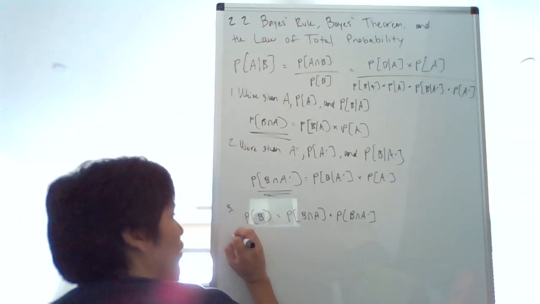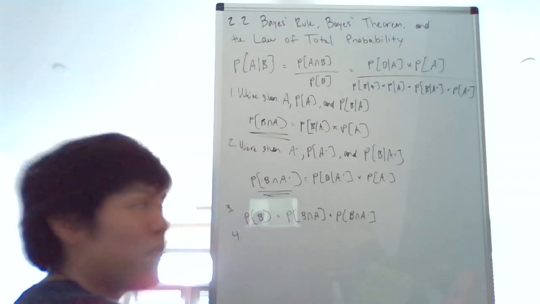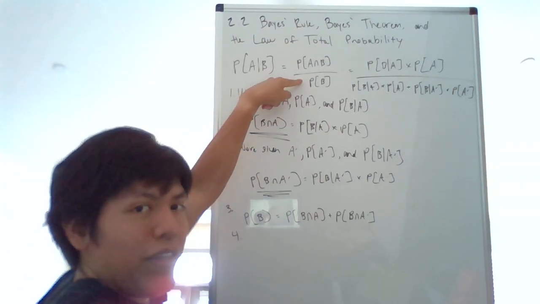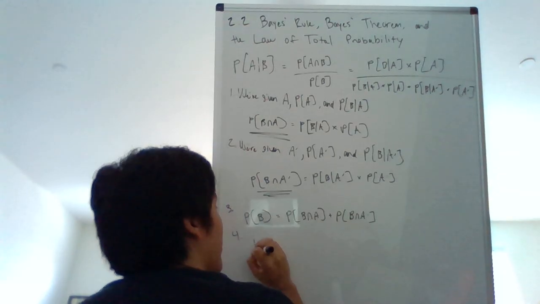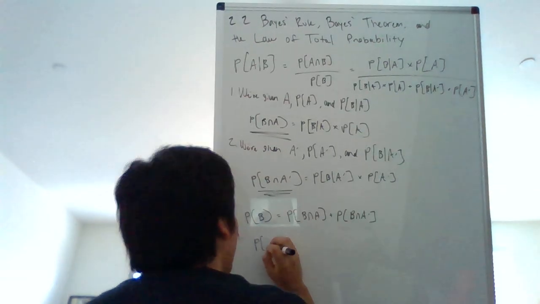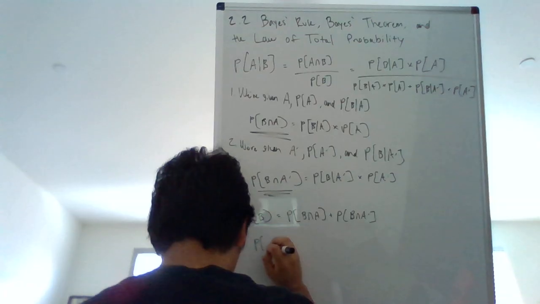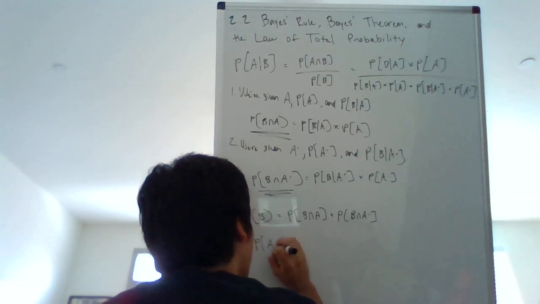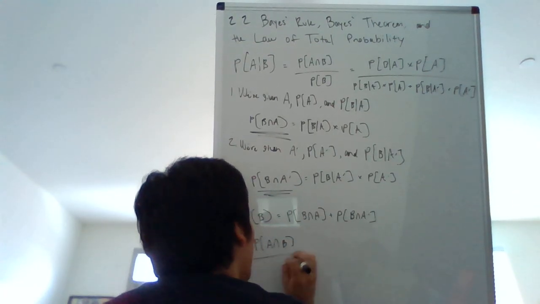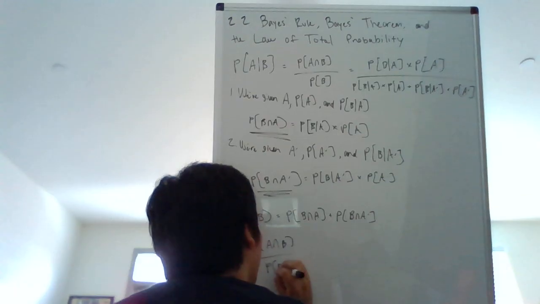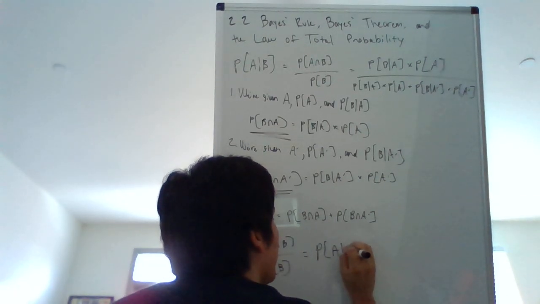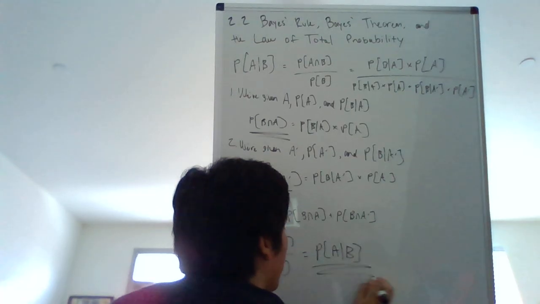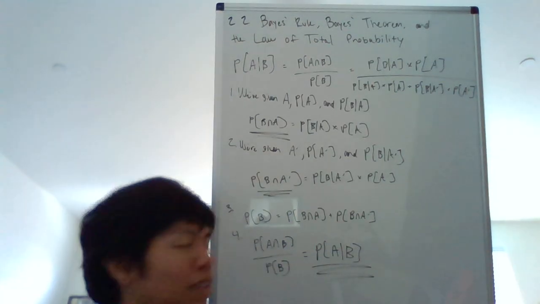So the last step would be to construct this so that we have the probability of A intersect B over the probability of B. Well, that's equal to the probability of A given B. And that's what we were trying to find.